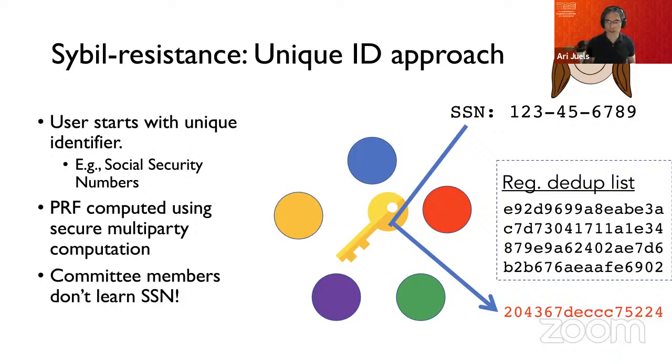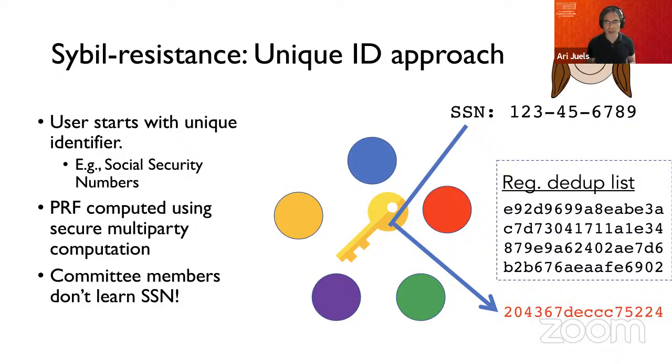Whenever a user registers with the system, the resulting PRF value is placed on a list that's known to the committee. And now, if the same user tries to register twice, she will end up presenting the same unique identifier twice. You only have one social security number, at least most people do in the US.